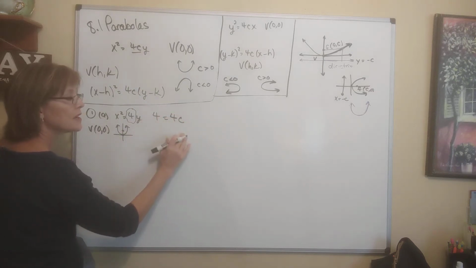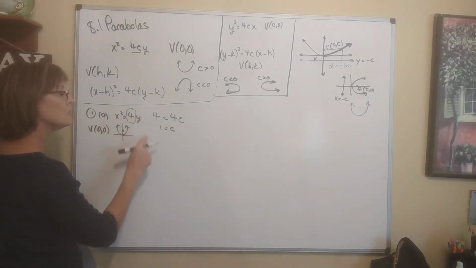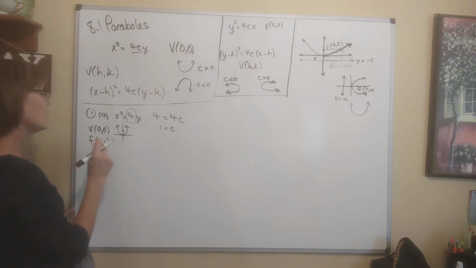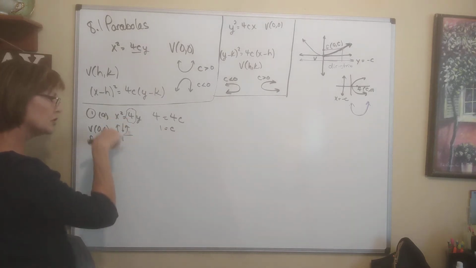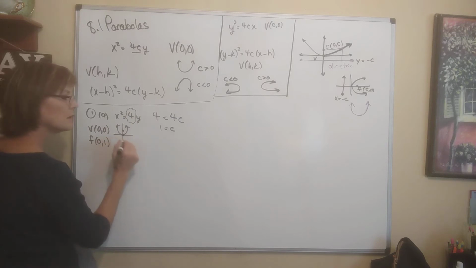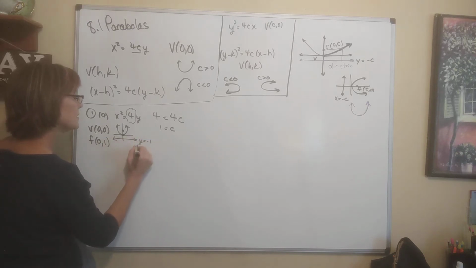So I solve for c. I divide both sides by 4 and I get c is equal to 1. That means the focus is 1 unit up, so the focus is at 0, 1. And that means the directrix is 1 unit on the opposite outside. So the directrix is down here, 1 unit down, y equals negative 1. This is the directrix.